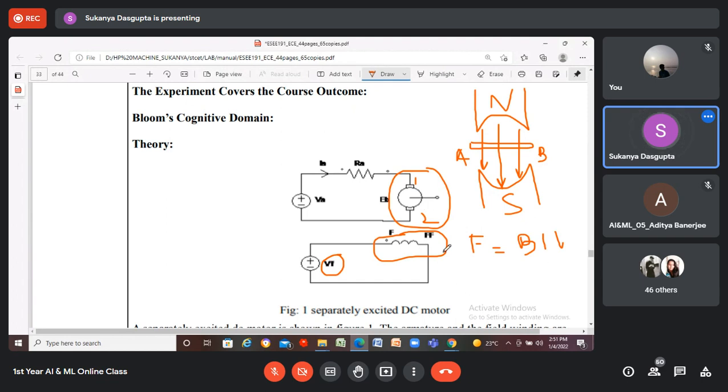Based on these constructions, they are called series motor, shunt motor, and compound motor respectively. But in the case of a separately excited DC motor, that is our experiment, the field winding should be excited by a separate DC source, a separate source of excitation.